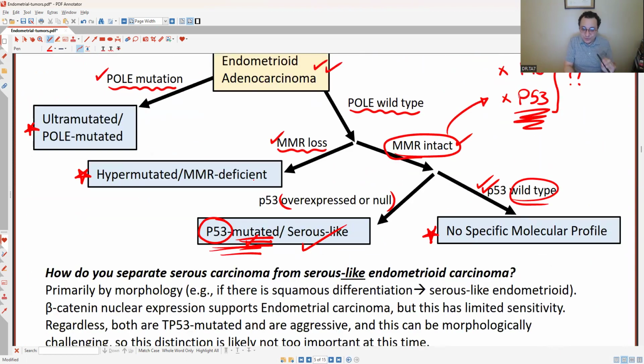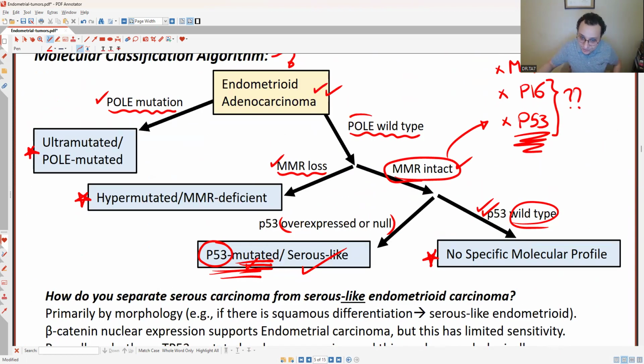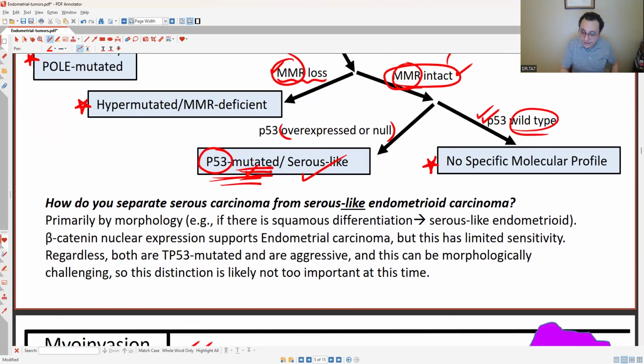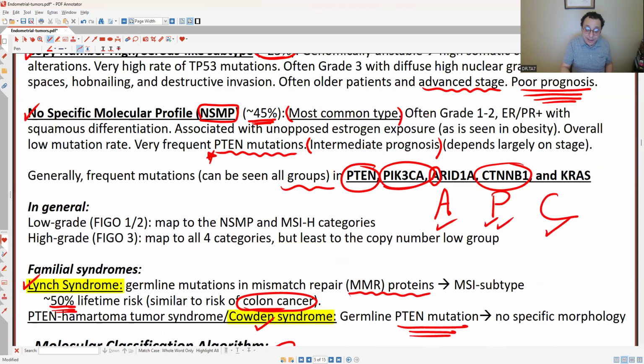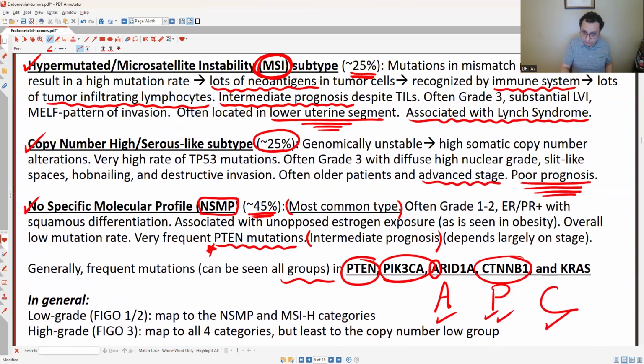No, I just want you to remember that we do POLE first, and then after POLE we do MMR, and then if MMR is good and POLE is good, we have to do P53 to see whether it's wild type. Then it becomes no specific molecular profile. If it's P53 mutated, it's called serous-like endometrioid adenocarcinoma, which was really bad, if you remember. The serous-like subtype has a very poor prognosis.